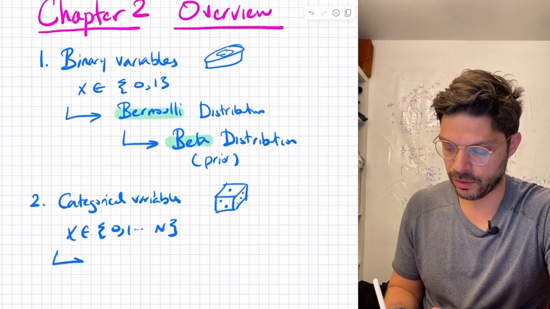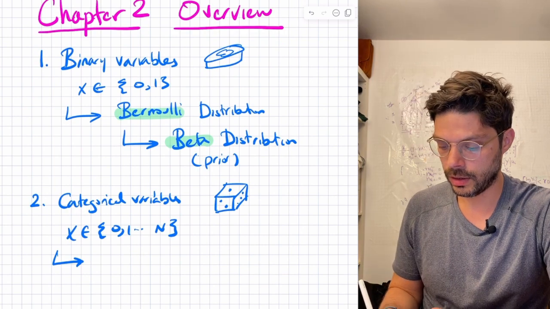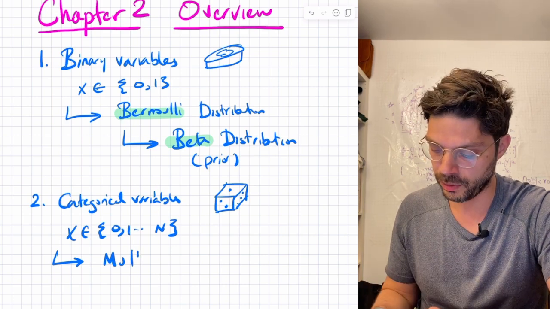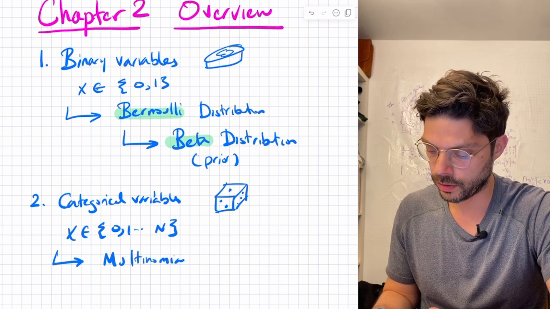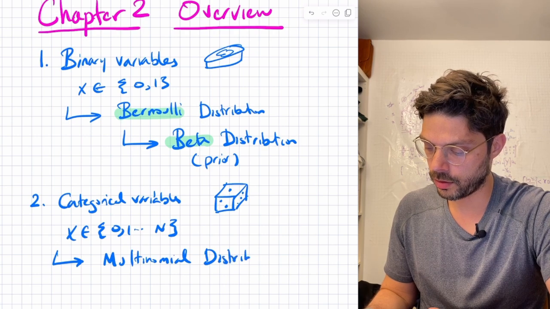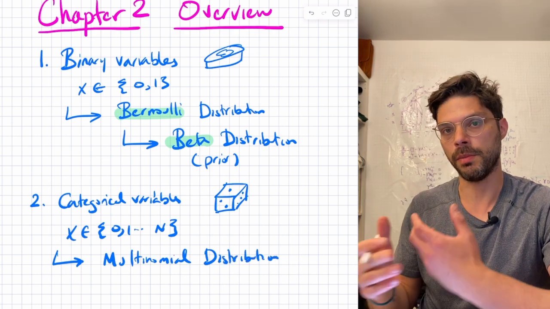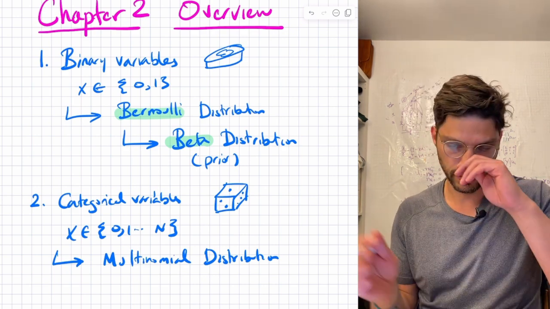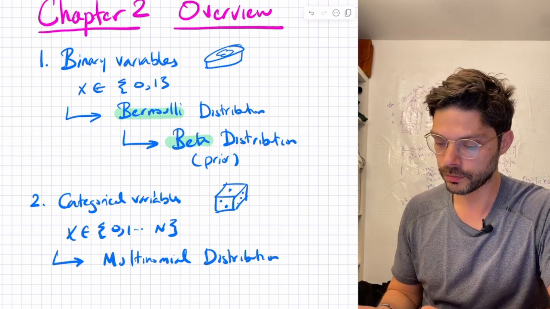Keeping with the pattern of the previous section, this is going to be determined by the multinomial distribution. There we have to set probabilities for each of the different categories except for one of them, because the sum has to equal 1.